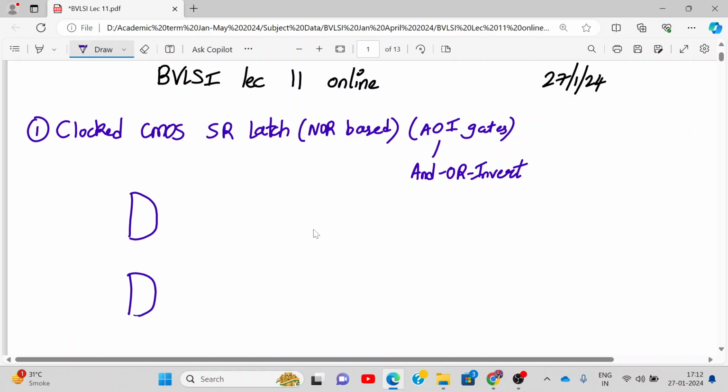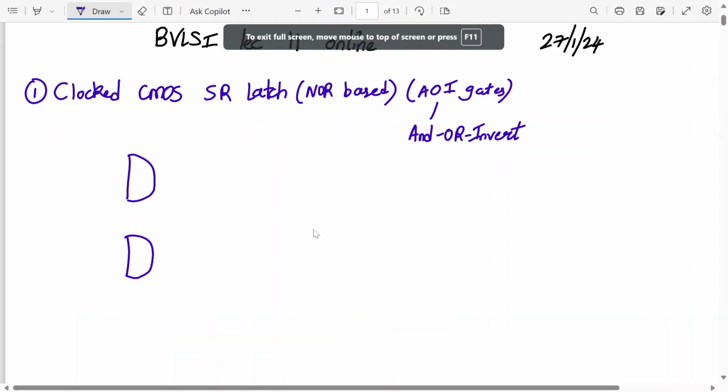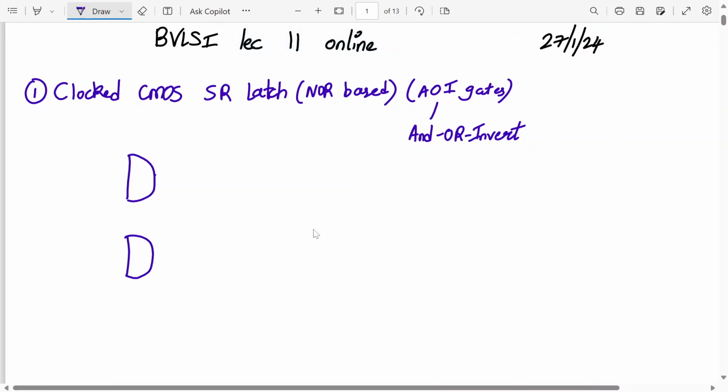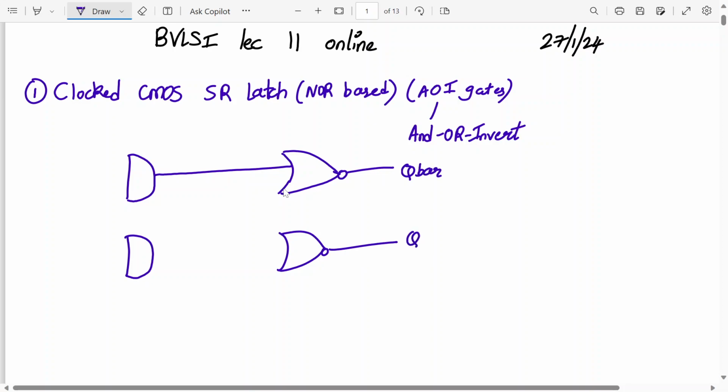So draw two AND gates, and then the output of the AND gate will go to one of the inputs to the NOR gate. Okay, like this. Okay, this is Q bar, this is Q, and one of the outputs will go over here.